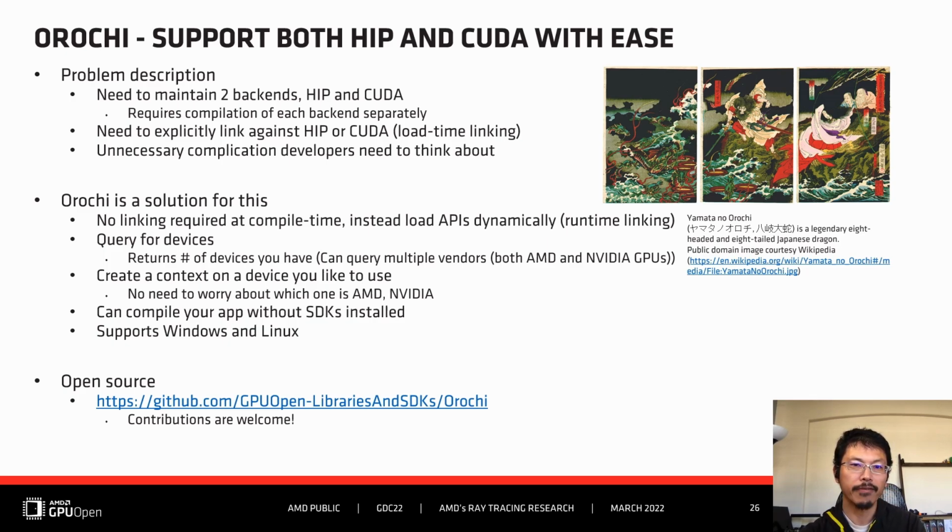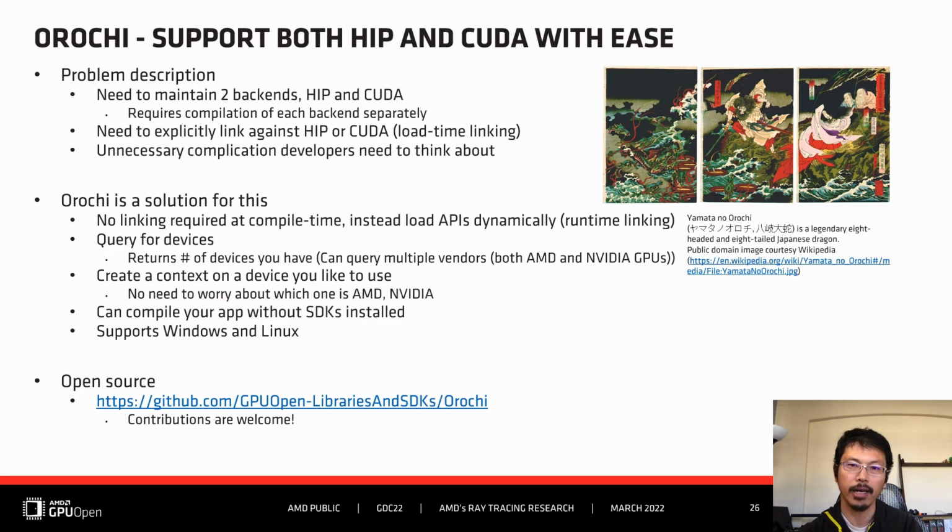If you ask for the number of devices you have, and you need to write CUDA and HIP code by yourself, you have to run these two APIs. But if you use this Orochi library, you can simply ask the library, hey, how many devices do you have on the machine, and it is going to return the total number of devices you have on the system.